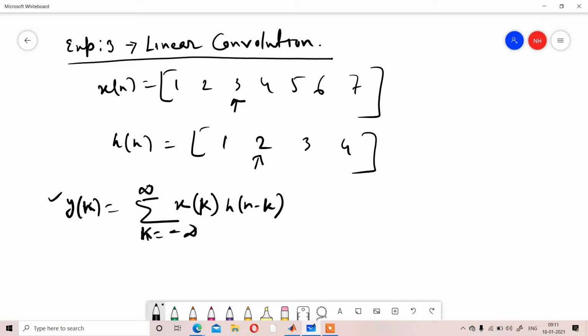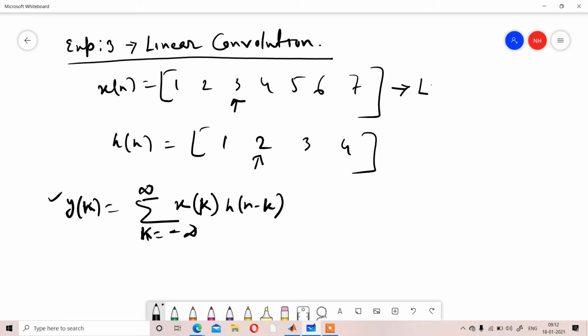Now, if we put the values of x and h in that formula, we will get the output. Okay, now you have to write it through a code. Whenever you write the code for linear convolution, the parameters you have to keep in mind are the length of the sequence x, suppose denoted by l.